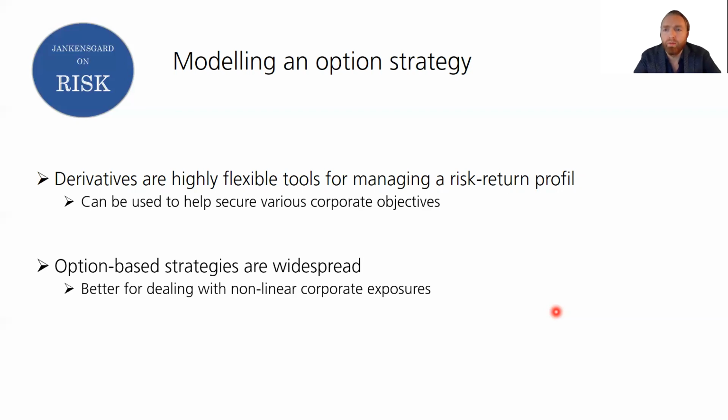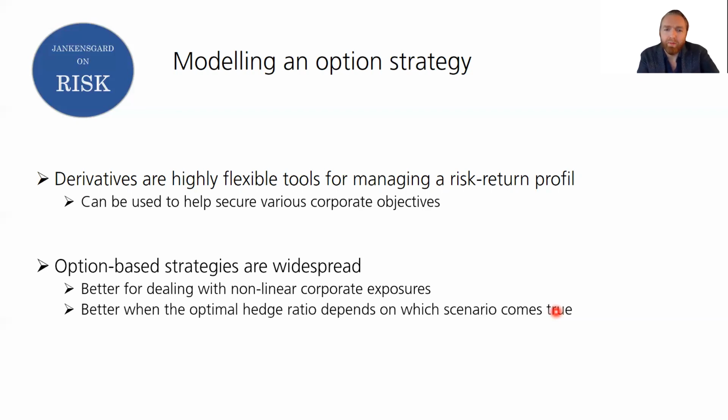You can make a case for them by arguing that whenever corporate exposures are nonlinear, the optimal strategy will be a nonlinear one based on options. We have identified various settings in which corporate exposure can be argued to be nonlinear, but that's covered in another tutorial. On a basic level, the way to think about it is that the optimal hedge ratio depends on the state of nature that you're in.